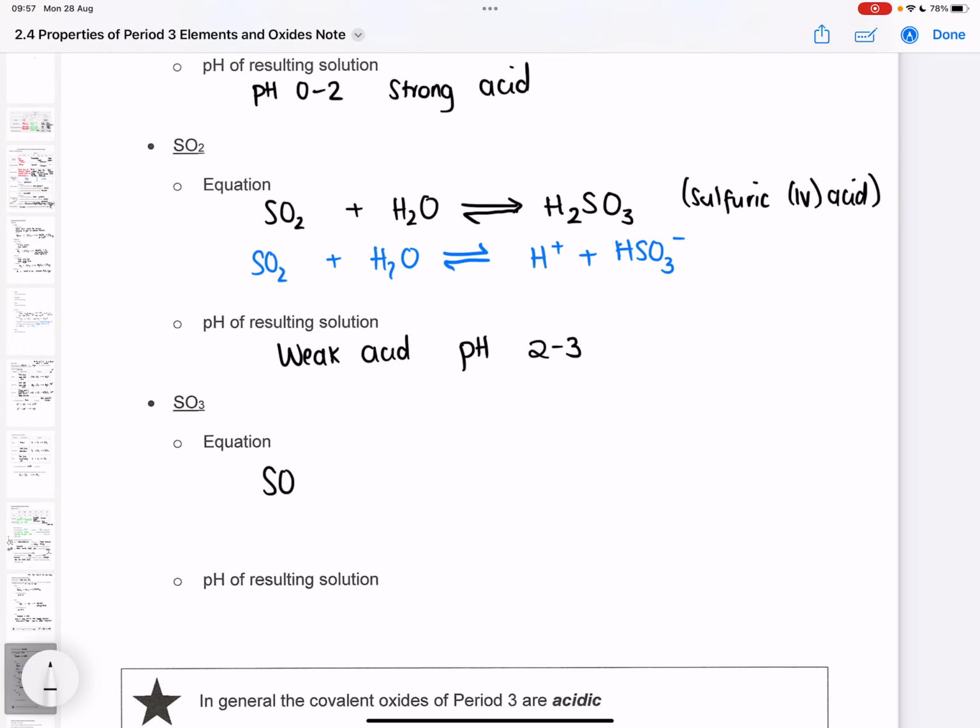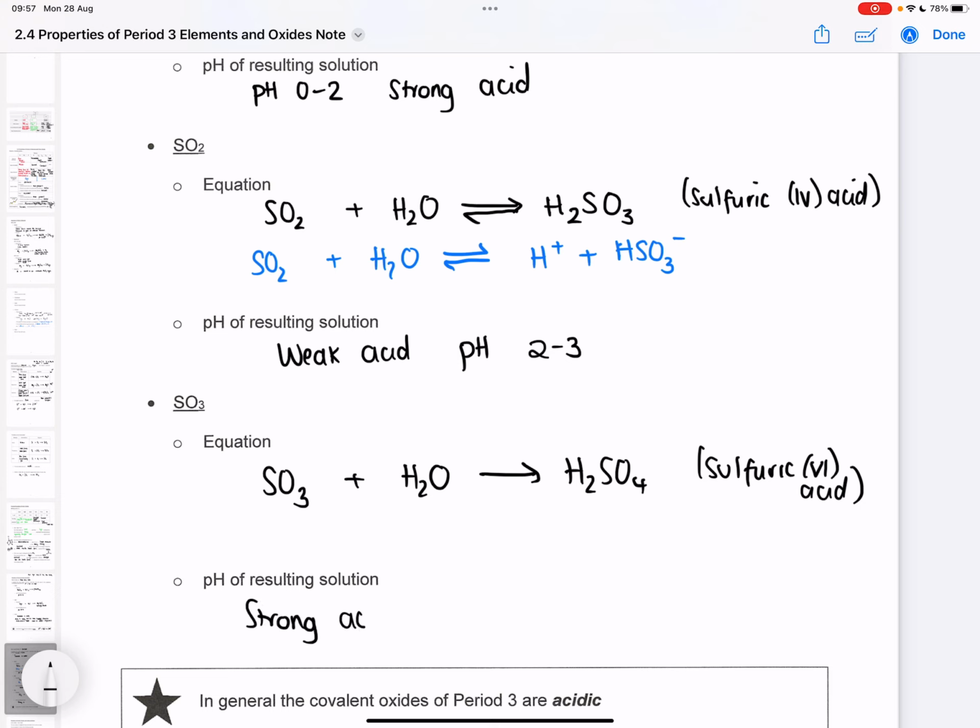And then our last one, sulfur trioxide reacting with water. It's going to make our usual sulfuric acid, which we might call sulfuric(VI) acid. And that's a strong acid as well, so we're looking at pH 0 to 2.